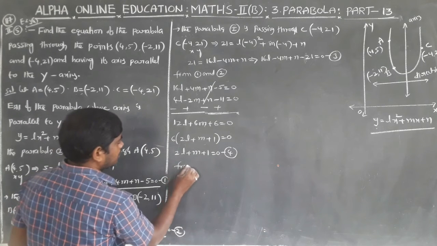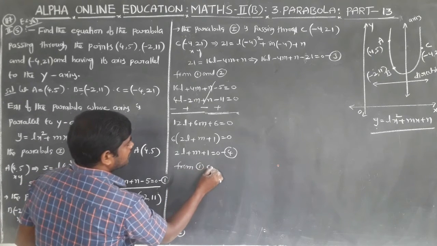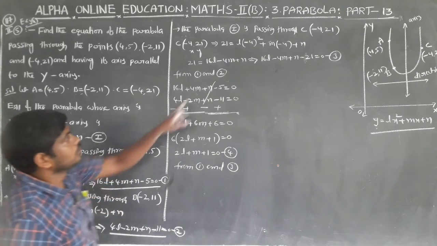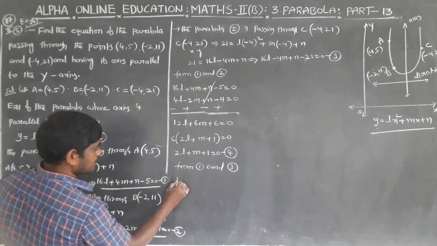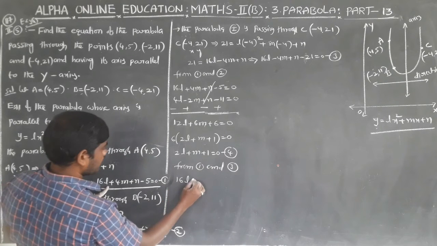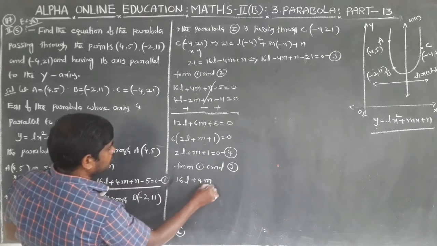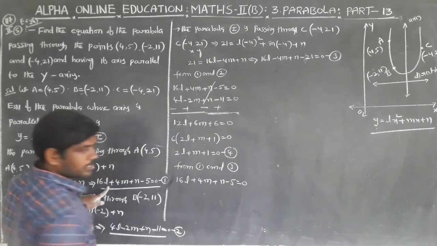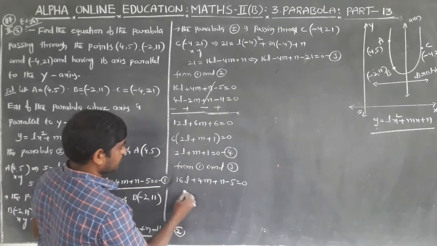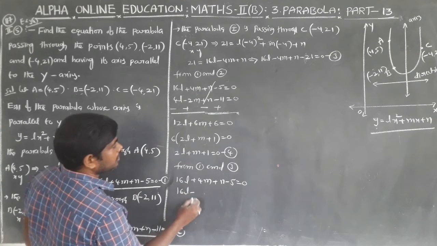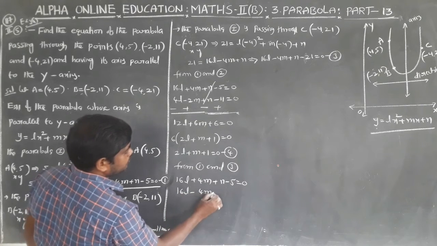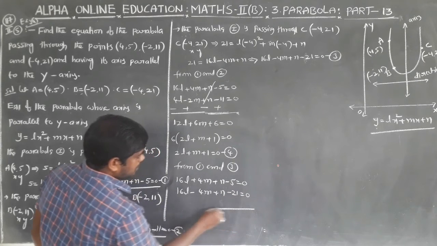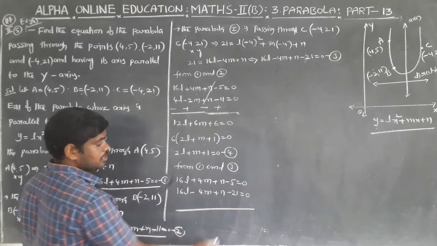Again, solving 1 and 3. First one is 16L plus 4m plus n minus 5 is equal to 0. Third one is 16L minus 4m plus n minus 21 is equal to 0.